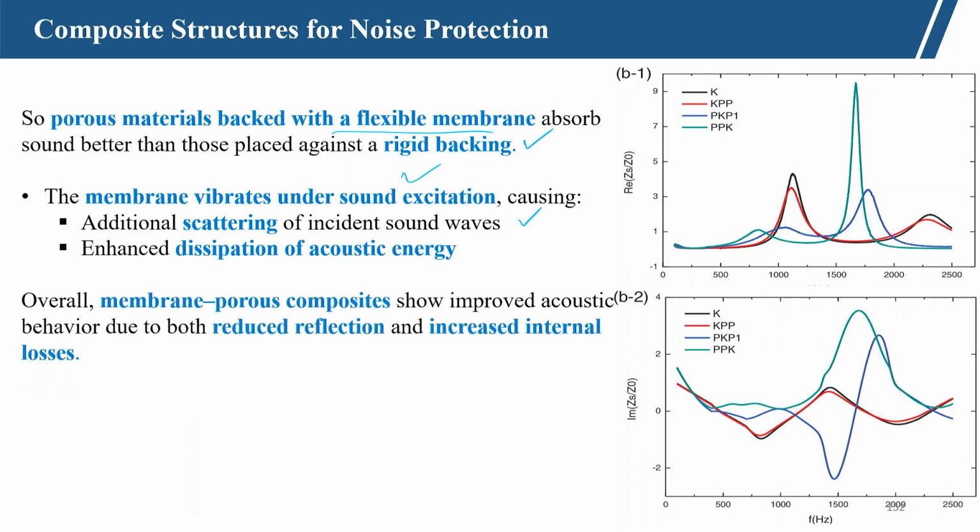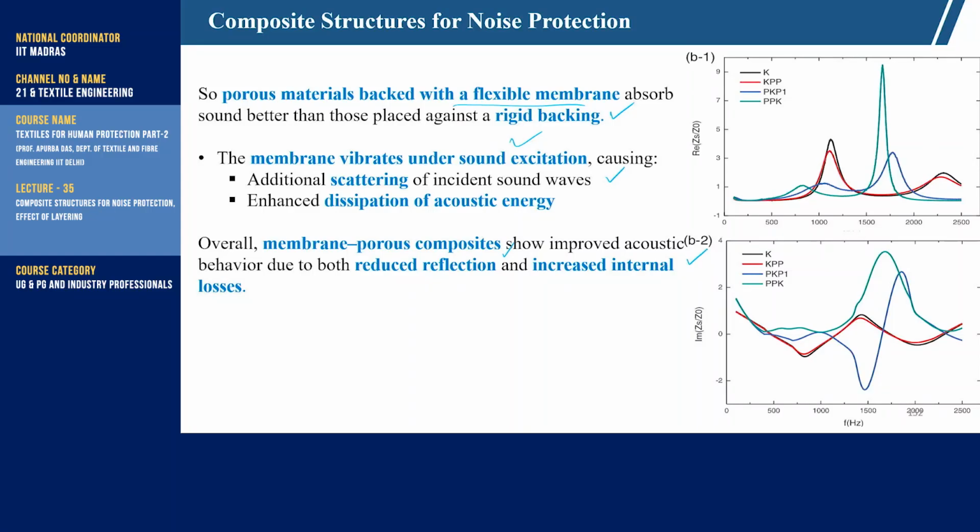So, overall the membrane porous composite shows improved acoustic behavior due to both reduced reflection and increased internal loss. Increased internal loss is basically due to the porous material, and reduced reflection is due to the dissipation of the acoustic energy, that is, sound scattering will be there.